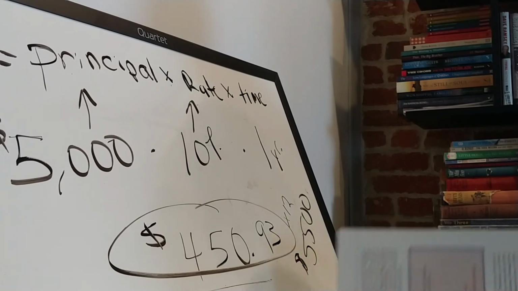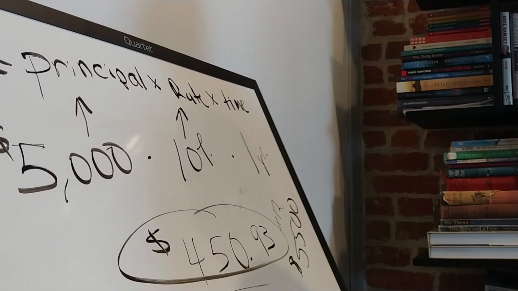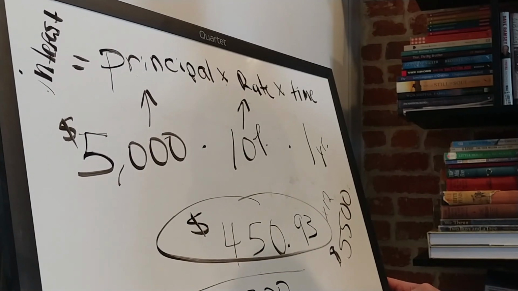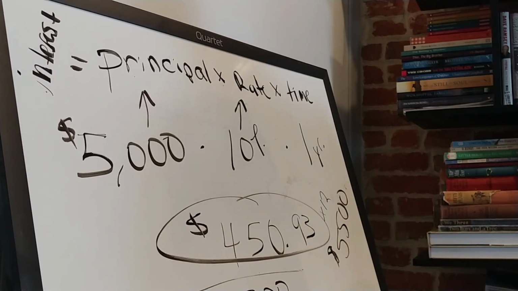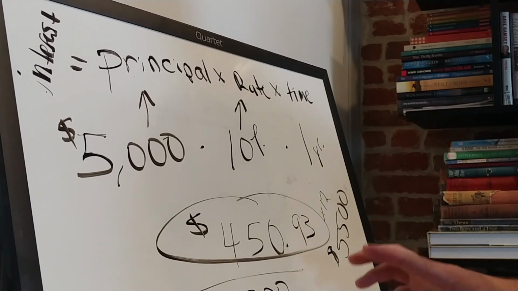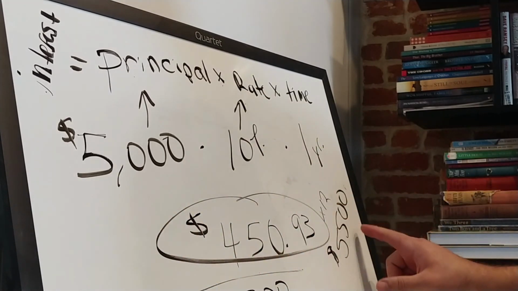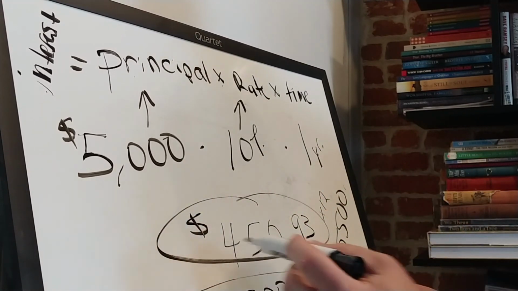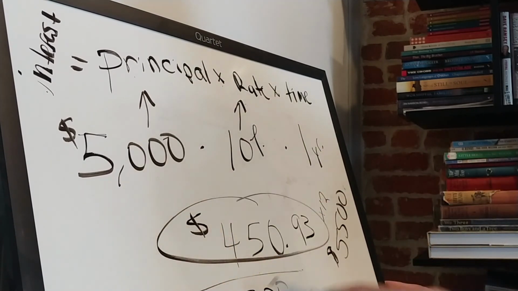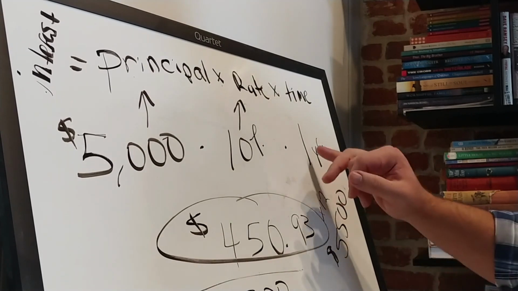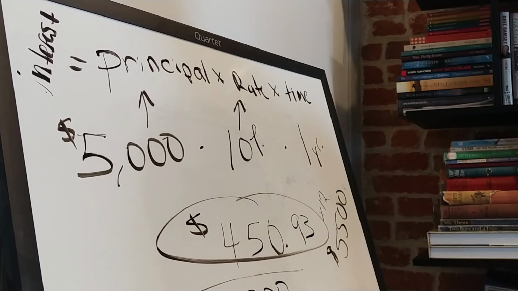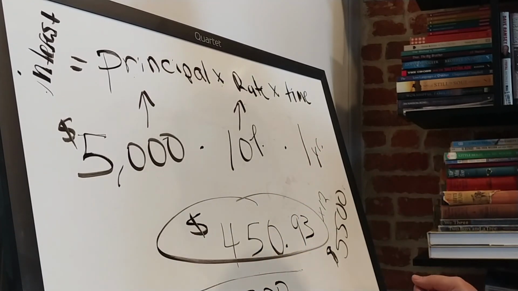And then if you want to figure out your monthly installments or your monthly payments, you're going to need your total, your principal plus your interest, which was $500 in this case, and divide that by your amount of payments. So if you were paying on half a year, you would divide this by 6, because you would have 6 monthly payments. Hopefully that makes sense.